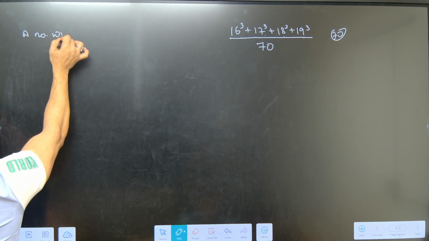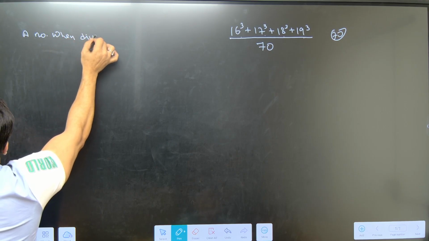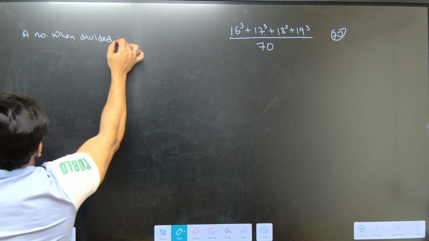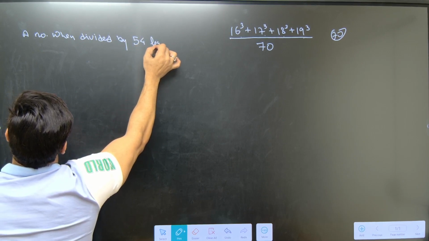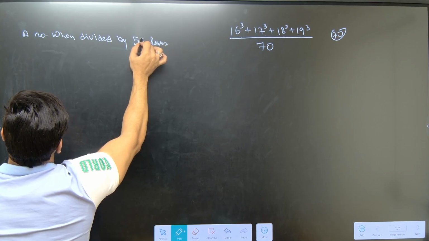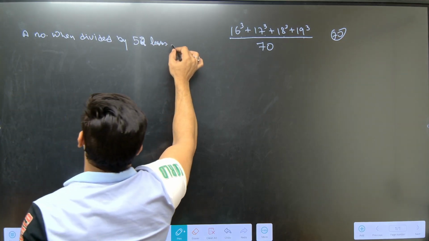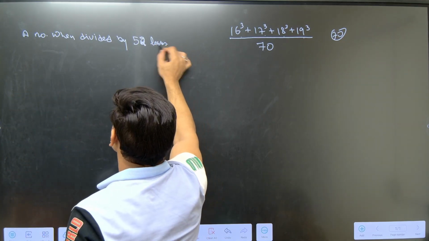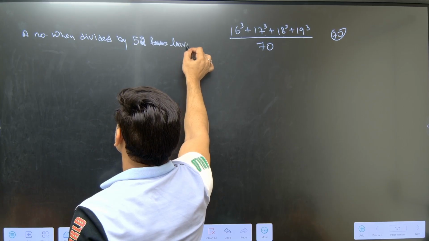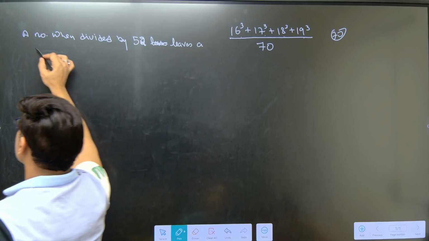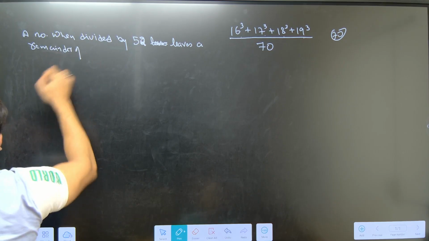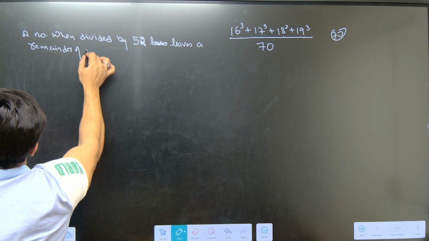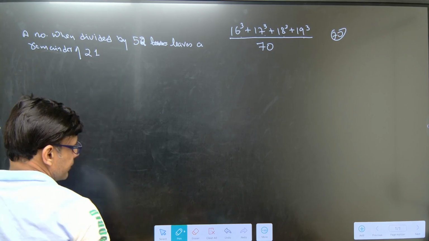A number when divided by 52 leaves a remainder of 21, right?